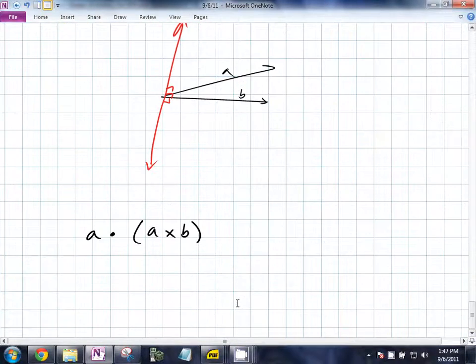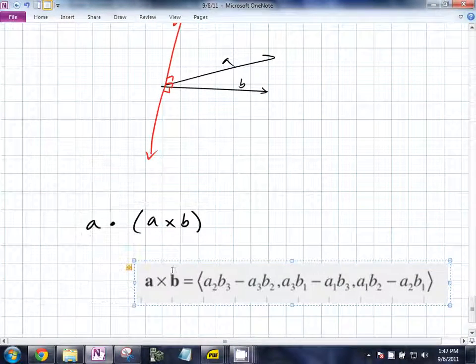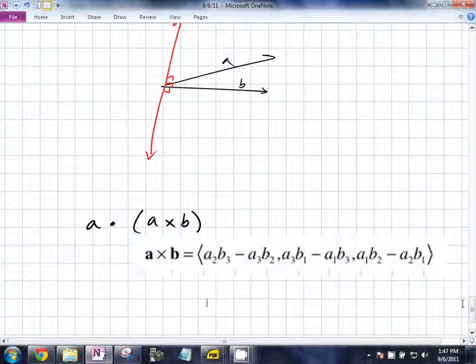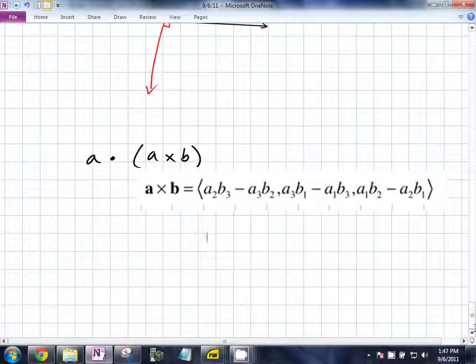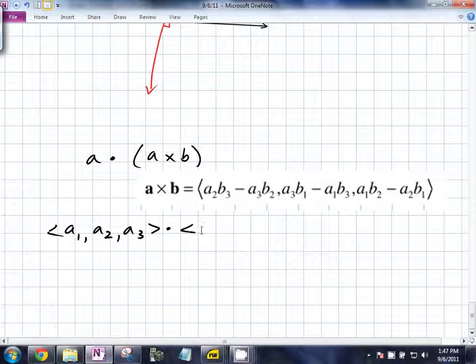So we make that substitution, and what do we do? So you do A dot, and what is A in this case? A1, A2, A3, and we're dotting it by A2, B3 minus A3, B2, comma, A3, B1 minus A1, B3, comma, A1.